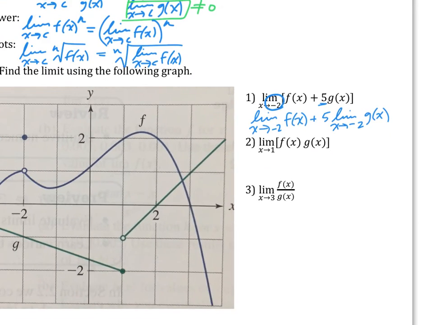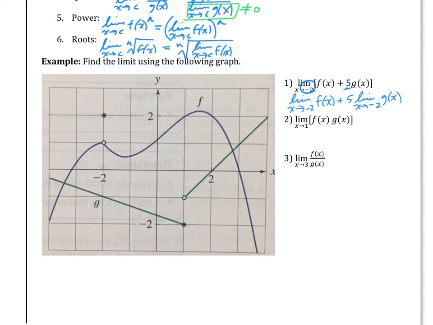So it's a clean way of looking at it. Okay, so limit as x goes to -2 of f of x. When x is going to -2 from both sides, f is going to 1. So this is 1, plus 5 times the limit as x goes to -2 of g. When x is going to -2, g's y is going to -1. So 1 plus 5 times -1 is -4.